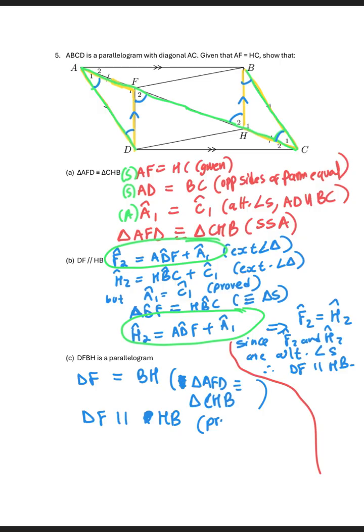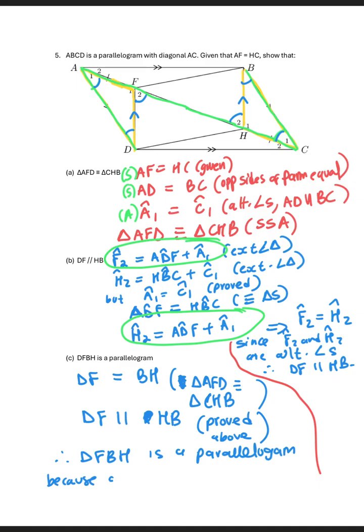This one is proved. We proved it above, right? Therefore, we can conclude that DFBH is a parallelogram because a pair of opposite sides are equal and parallel.